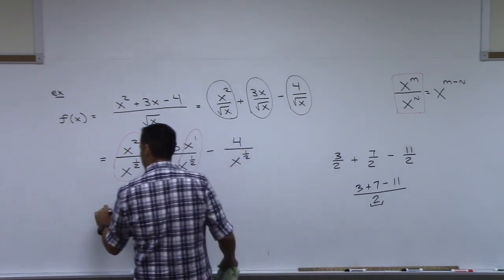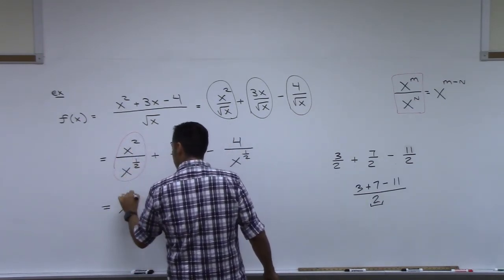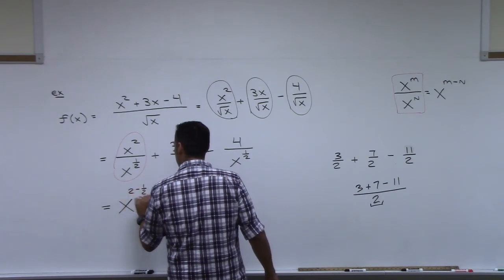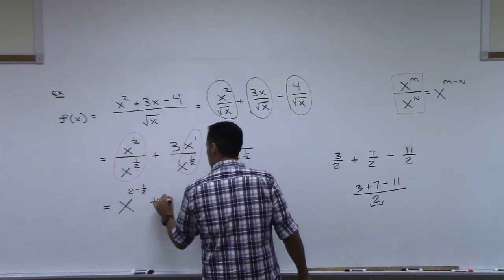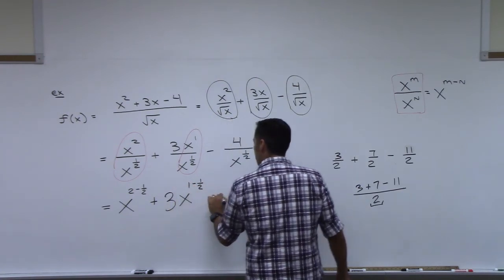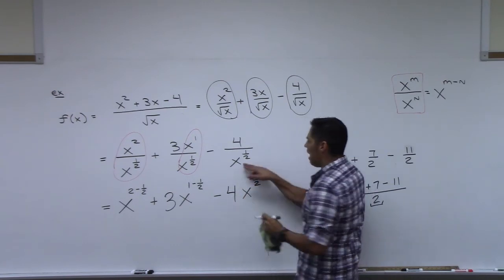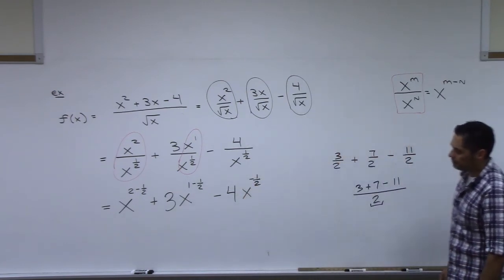So this first term turns into x to the 2 minus a half, plus this next one is 3 and then x to the 1 minus a half. And this last one, all we said was we were going to bring that x to the half up.